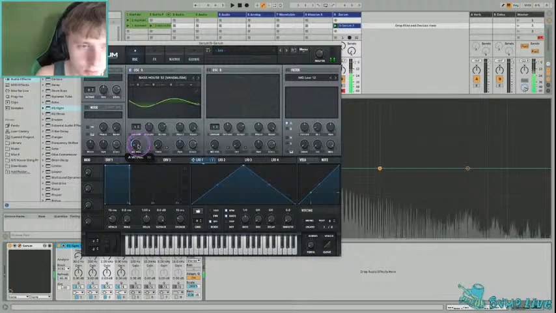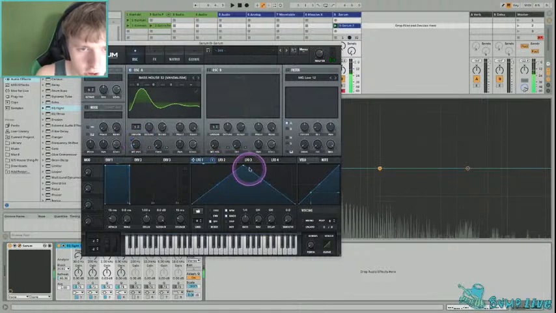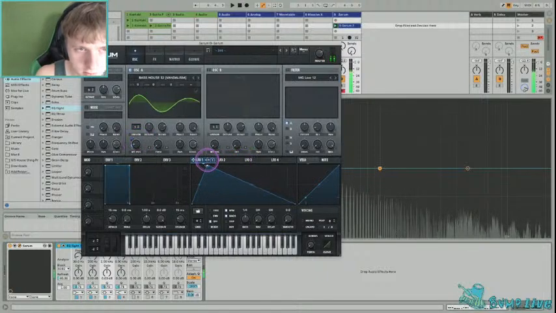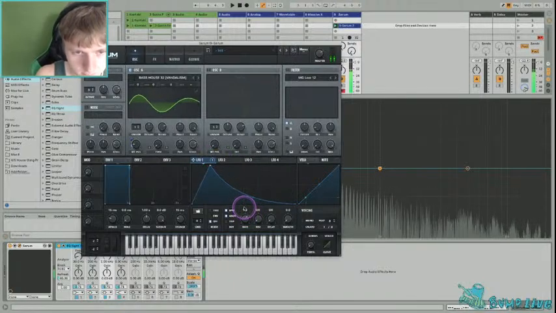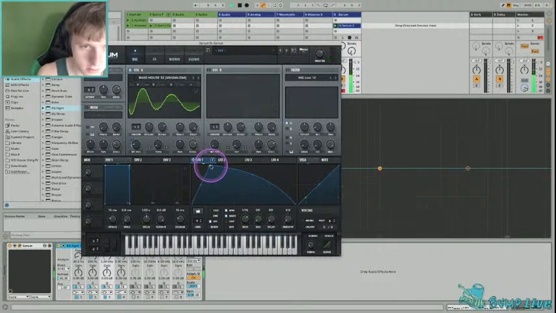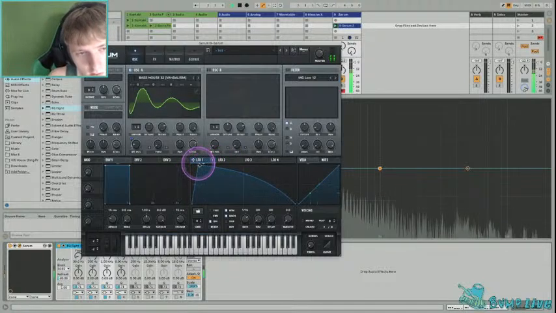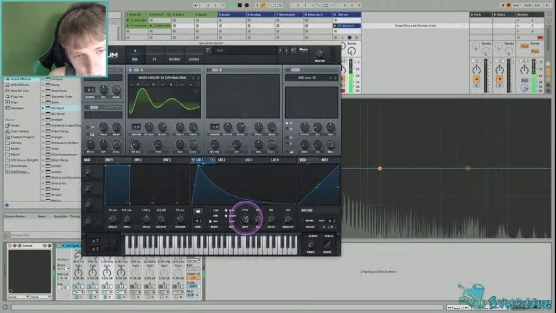So now I'm going to move it around. Find a good... Maybe I want it to move the other way. And I'll adjust the shape. Maybe something fast. There.